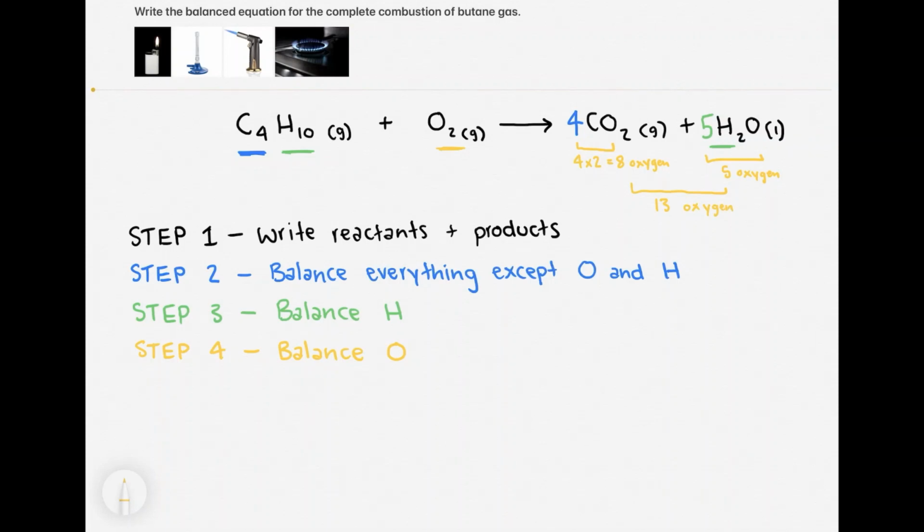Okay, so now in order to balance the left-hand side of the equation, we need to put 13 oxygens on the left-hand side. Now, what we can't do is simply put a 13 in front of oxygen, because that would mean we have created 13 times 2, which equals 26 oxygens.